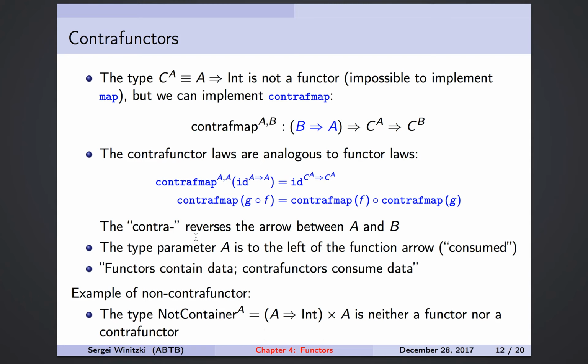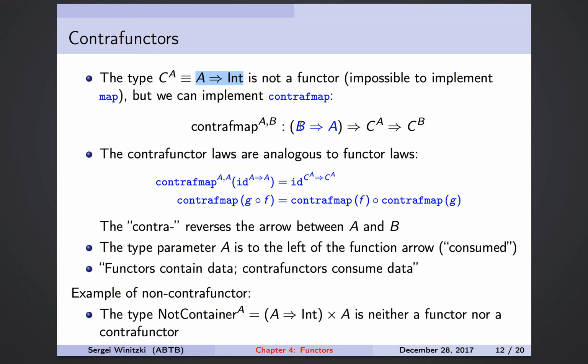Now, another curious thing is that a type such as this one, a function from A to int, is not a functor. You cannot implement map for it, but you can implement something called contramap, or here contra fmap, which is similar to fmap, except that I interchange the order of B and A here.